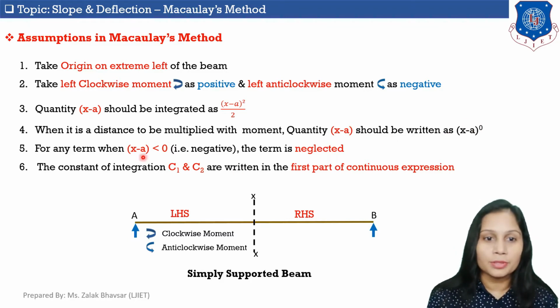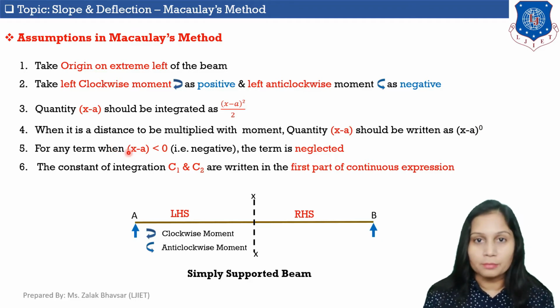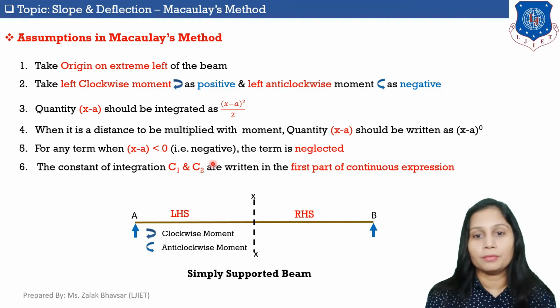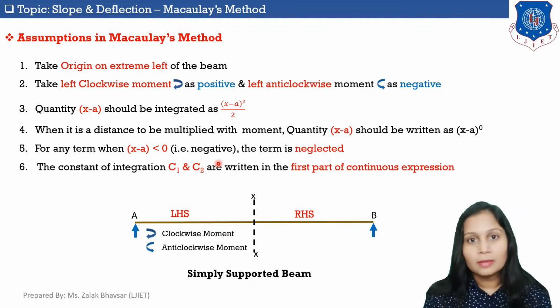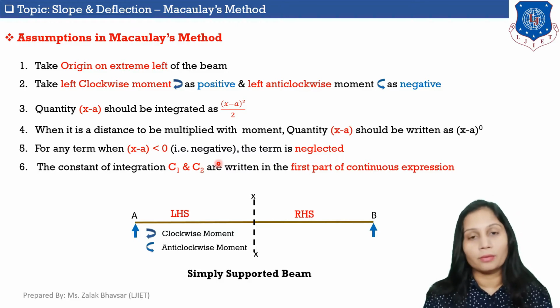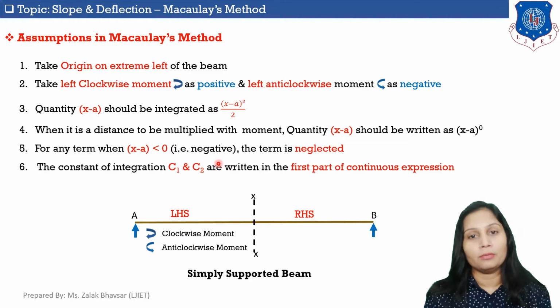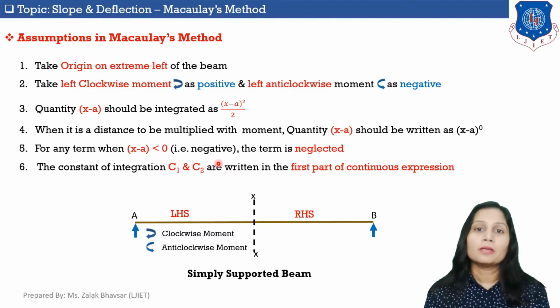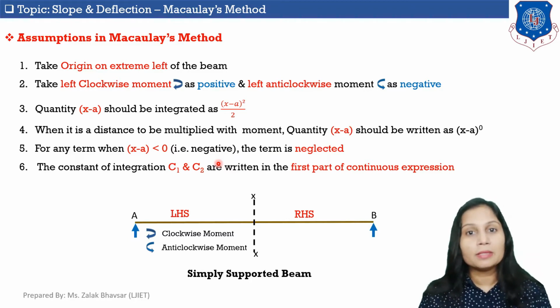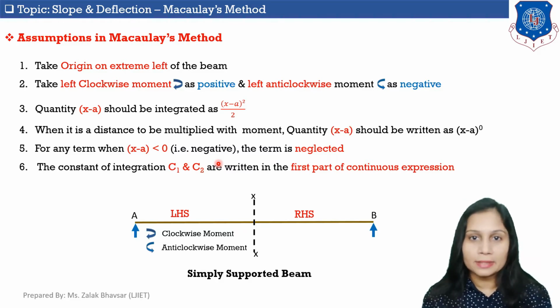Now next assumption, when term x minus a is less than 0, it means the value of x minus a is negative, then we will neglect that term. And the last assumption is integration constants C1 and C2 are always written at first portion of the continuous equation. Okay, so these 6 are the basic rules or assumptions that we will follow for calculating the sum.